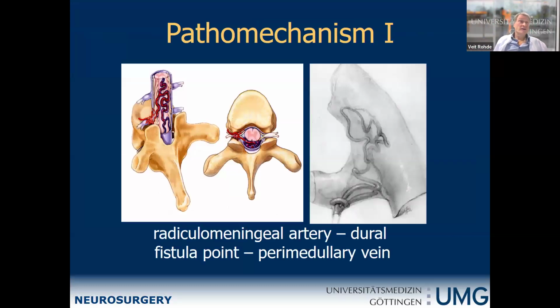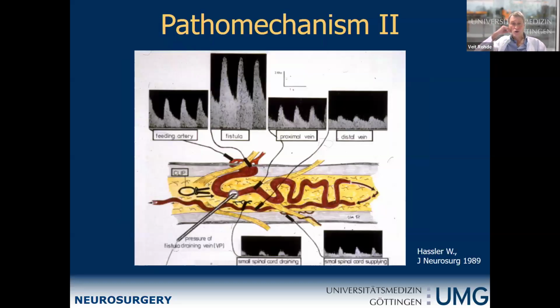But in fact, it's not an inflammatory disease, it's a vascular disease in which we have a connection between a radiculomeningeal artery, a dural fistula point, and at this fistula point, there is a connection to a perimedullary vein, which normally drains the spinal cord. This pathomechanism had been investigated very closely with microdoppler at the end of the 1980s by Mr. Hassler, who was my first chief.